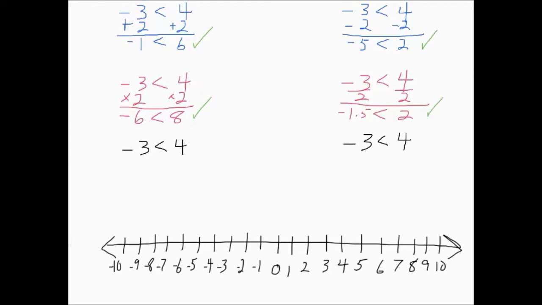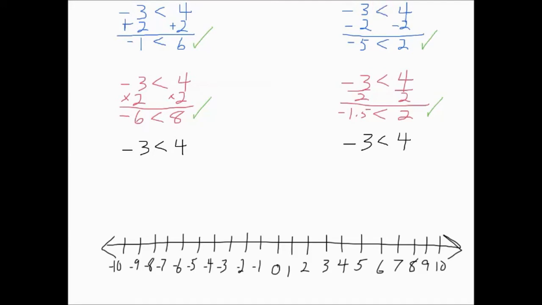So far I've used addition, I've used subtraction, I've used multiplication, I've used division, and everything has worked. I haven't run into any problems. I kept the inequalities facing the same direction that they were facing originally, and I have not run into any problems.